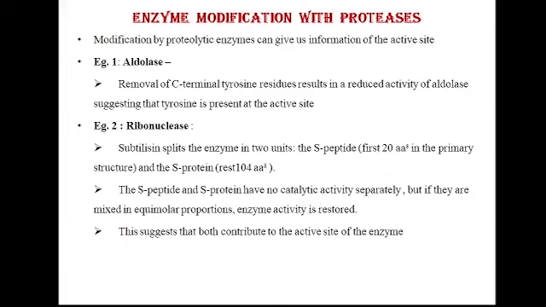But if they are mixed in equimolar proportion and join together again, the enzyme activity is restored. So this suggests that S-peptide and S-protein both contribute to the active site of the enzyme. These fractions can further be proteolyzed to locate the exact amino acids which are responsible for the activity of that particular enzyme.